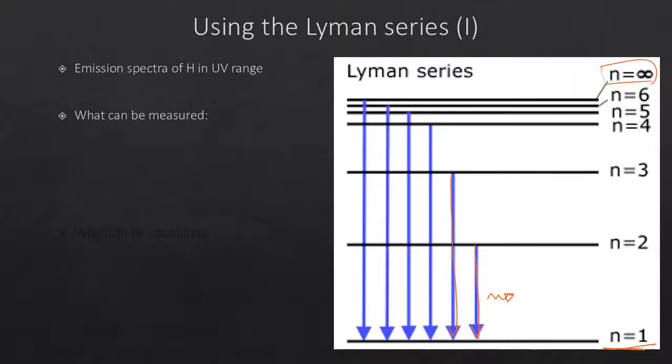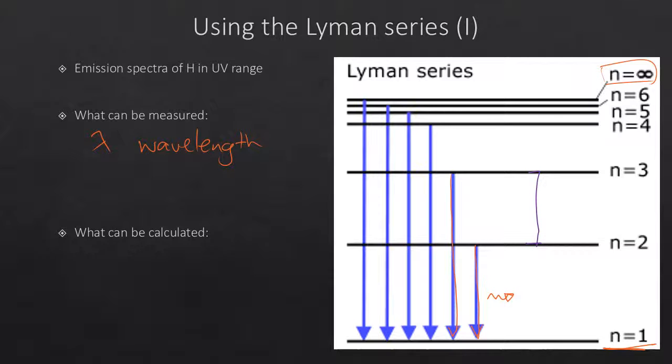We can measure, as our electrons fall down, the wavelength of light that is coming off them and the differences between them. So we can measure the wavelengths of light. Now, that is useful in and of itself. However, where it gets really interesting is what we can do with it. What we can actually calculate, let me just grab another pen colour, is the differences between these levels.